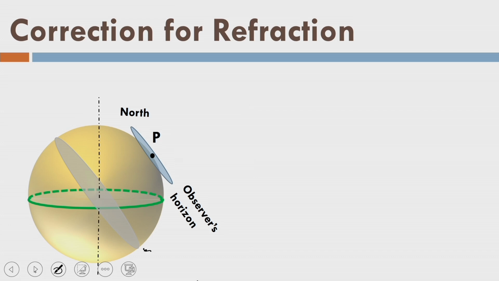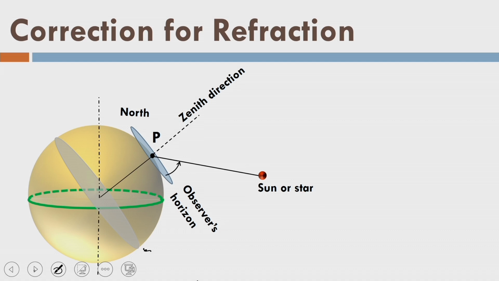So, let us see, there is a north on the observer's horizon, and this is the zenith direction, or the line shown here is the vertical line. Now, let us see, the sun is there right now. So, what will happen here? This is the sun, and I am going to measure this angle, and let us call this angle alpha dash, because this is the correct angle I want to measure.